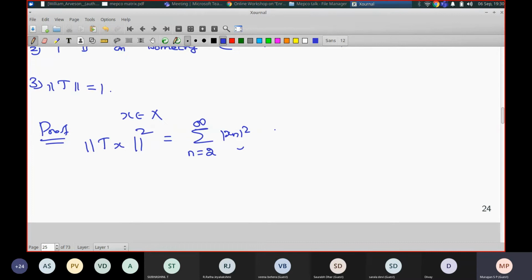Okay, what is the number? So this value is equal to this value. Do you have any argument for this? This is norm of x squared. Why is this equal to this? Anybody who has an argument?